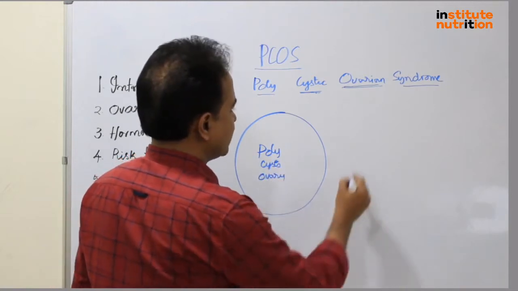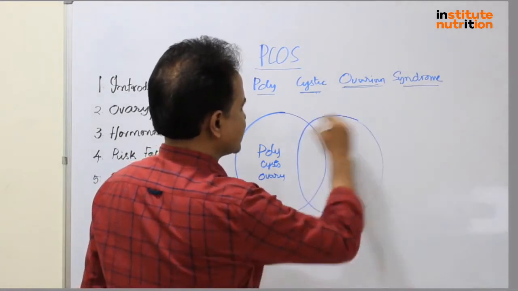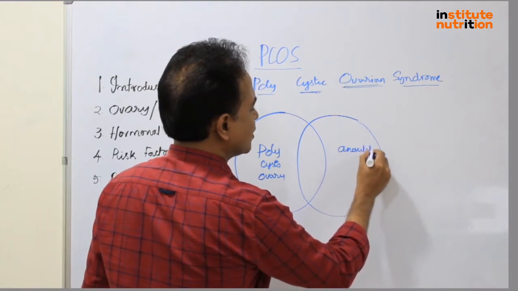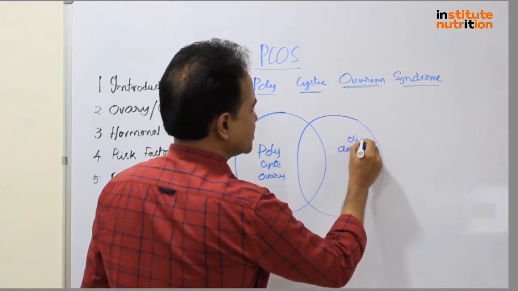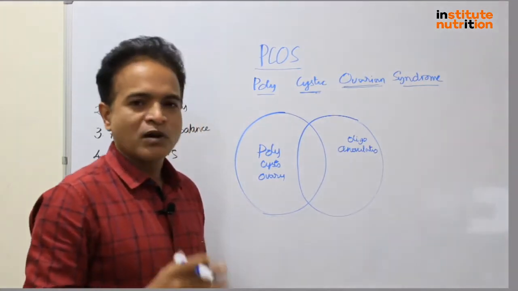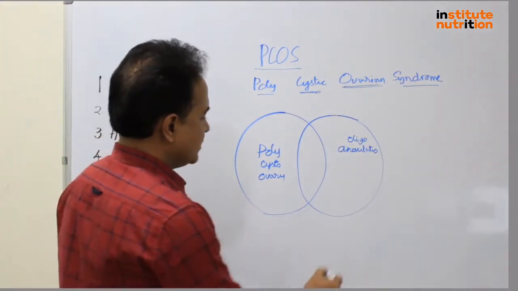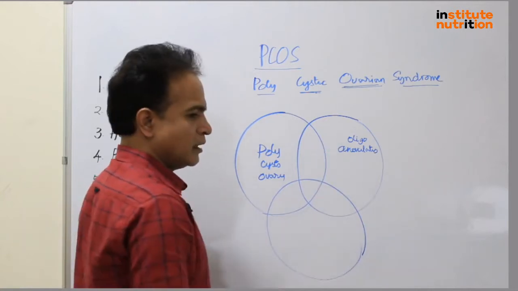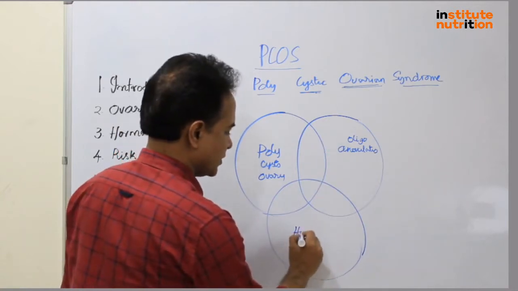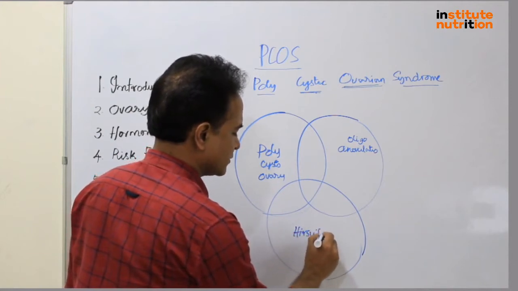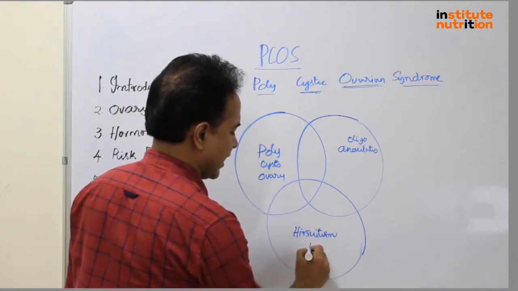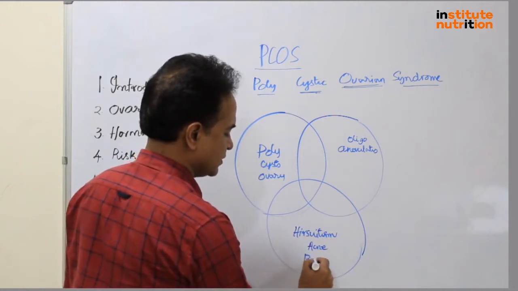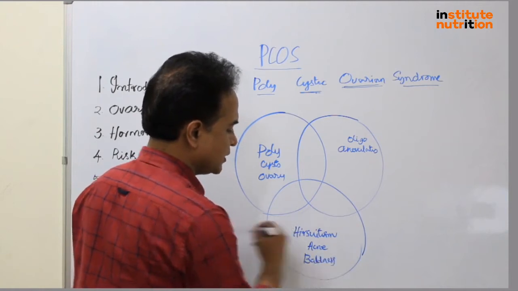The patient may also experience anovulation, that means no ovulation, or oligo-ovulation, that means the egg is not releasing properly. And in some cases the patient may present with hirsutism, unwanted growth of hair, and acne, and male pattern baldness, thinning of hair, right?